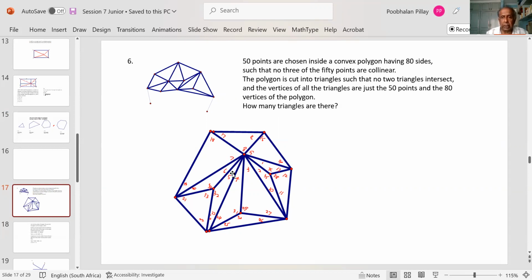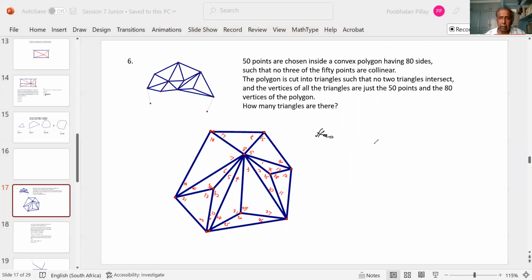An interesting problem. I took just a case where we have 6 sides. So here we have a polygon of 6 sides, and the number of points that we have chosen inside there, I got 1, 2, 3, 4 points.